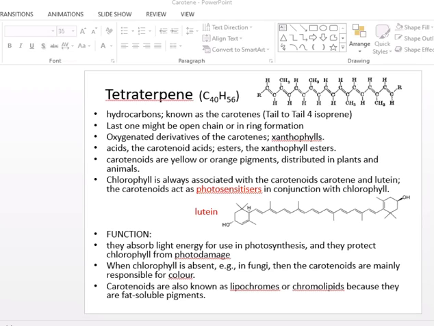So your vitamin A is also the same formulation. They absorb light energy for the use of photosynthesis, a wide use. They protect chlorophyll from photo damage.